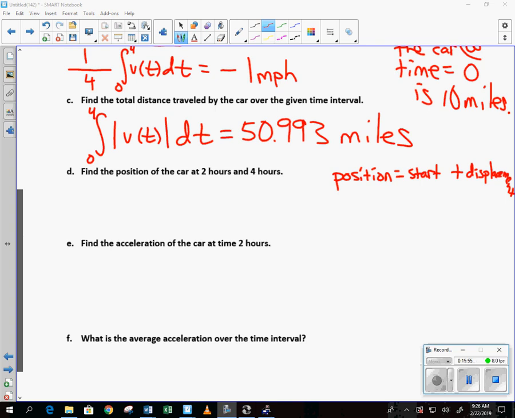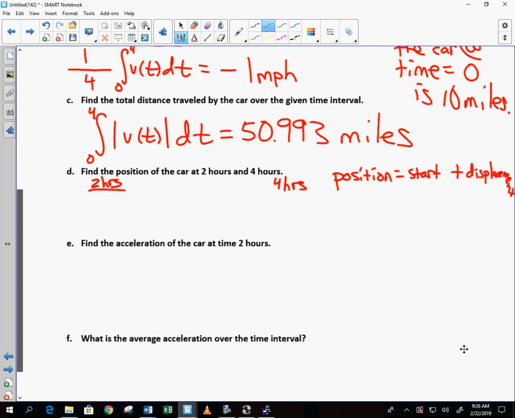Let's do the easy one right away, the 4 hours one, and then we'll do the 2 hours. So what's the start? 10 plus the displacement, which is the integral from 0 to 4 of v of t dt.